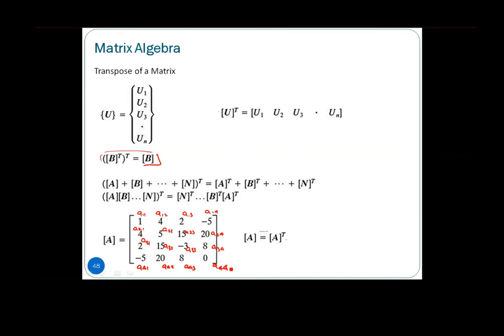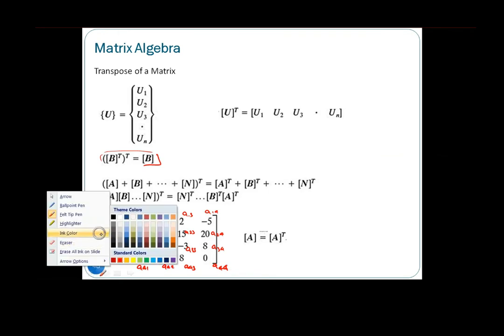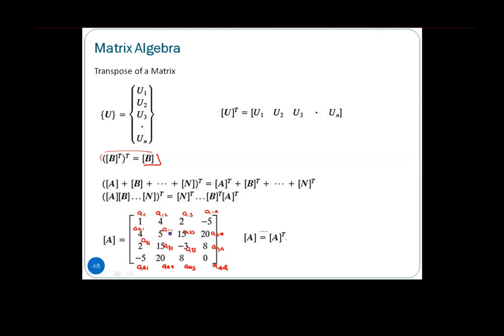You can see the diagonal: A11, A22, A33, A44.